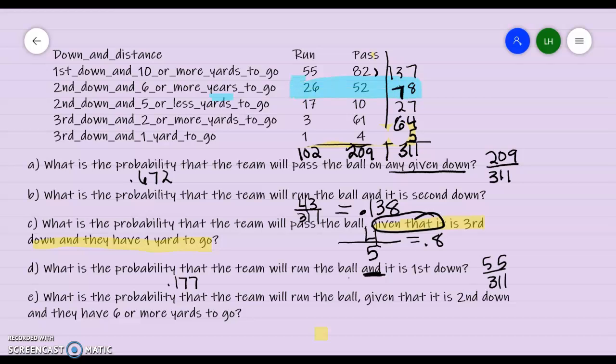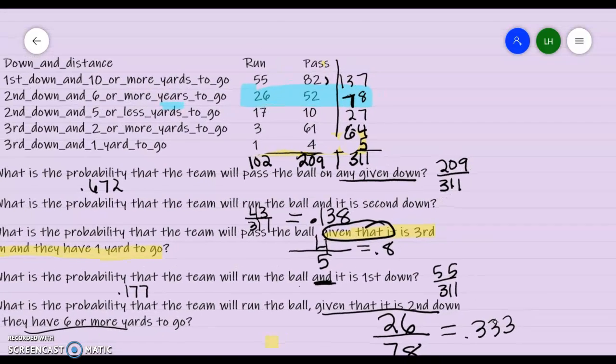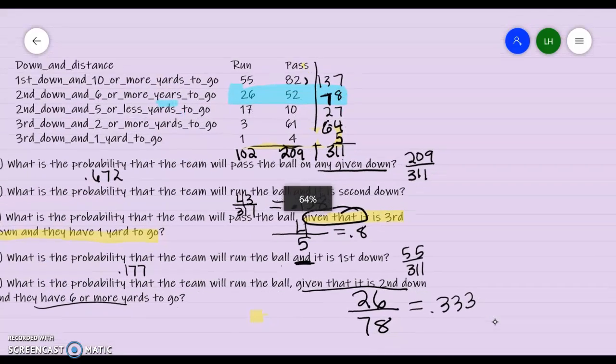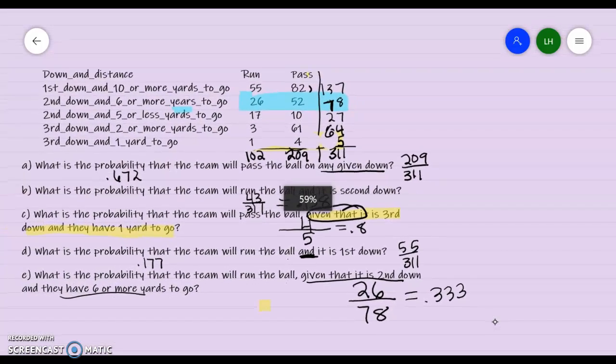I just noticed that. So given that it's second down and they have 6 more yards to go, the total is 78 because it's conditional. And then of that 78, the number of times the team will run the ball is 26, which is 0.333.